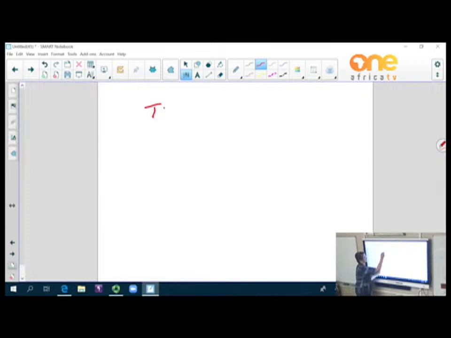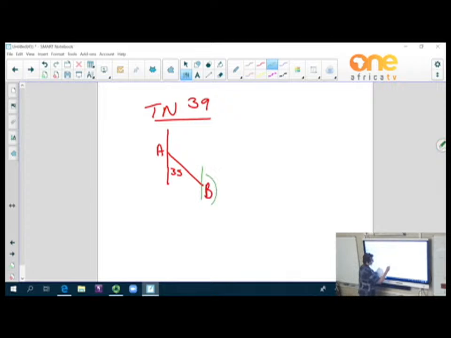The next one is now Try Now 39. Again they say find the bearing of A from B. So we're looking at B. This one is now 35. This is A, this is B. So what we're looking at is this angle, that's the bearing north clockwise there.